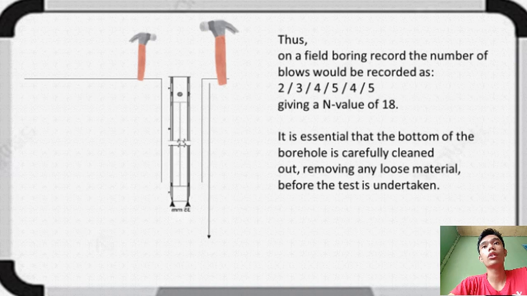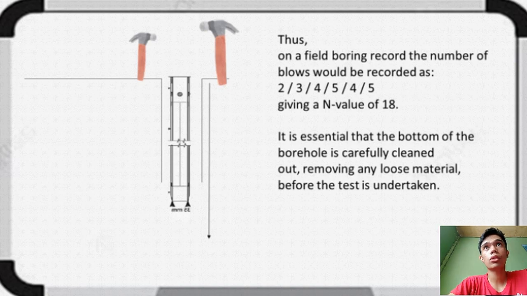So kung atong tanawon diri kung i-add nato ning 2, 3, 4, 5, 4, 5, dili 18 ang N value kung dili 23. So ngano 18 man? Diba sa last slide ang first 150 mm penetration daw kay wala daw siya gi-appeal kay mao na rin siyang soil disturbed by the boring process.